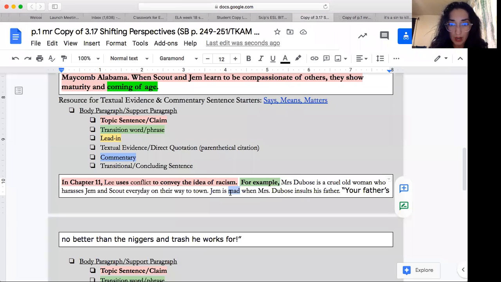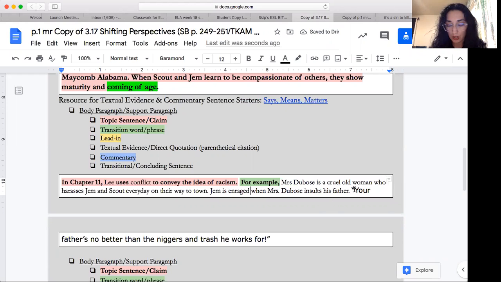Okay, so let me go back. Jem is enraged when Mrs. DeBow insults his father. And then here, there are lots of different fancy ways to introduce quotes, but for right now, if you're not totally comfortable with that, just start by saying who said it.